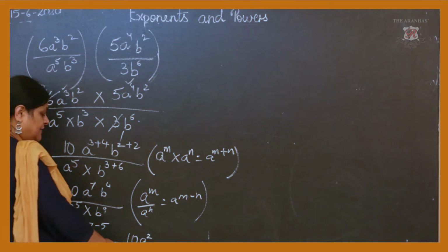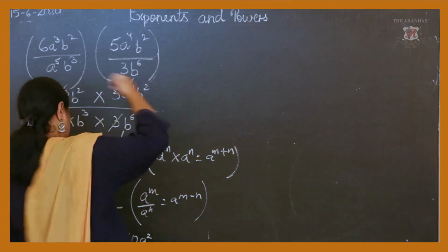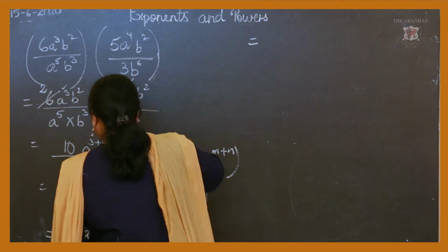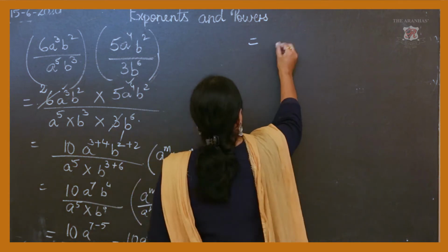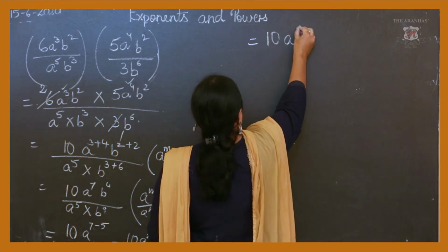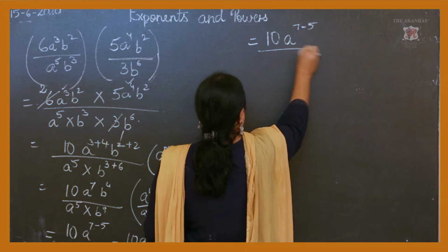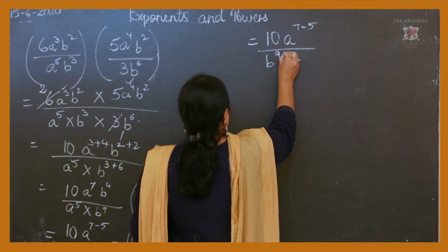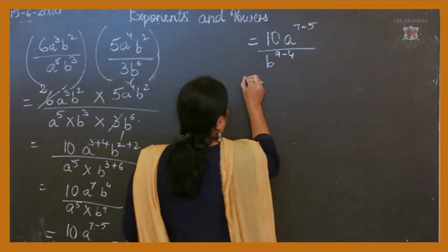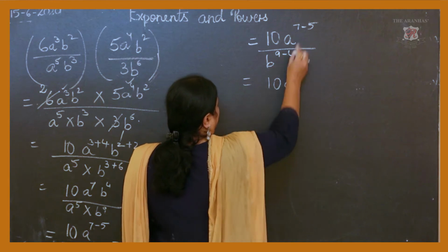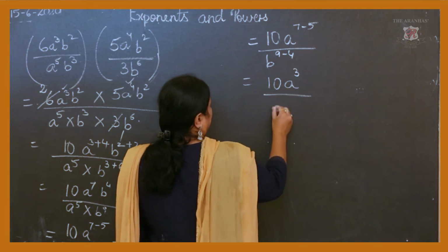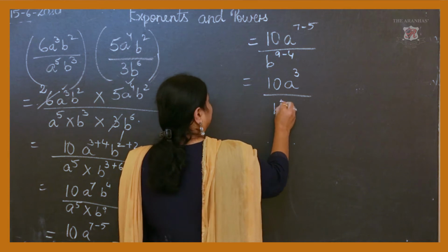This will be your answer. Now here, 10a 7 upon 5 upon b 9 minus 4, that is equal to what? 10a 3 upon b to the power of 5.